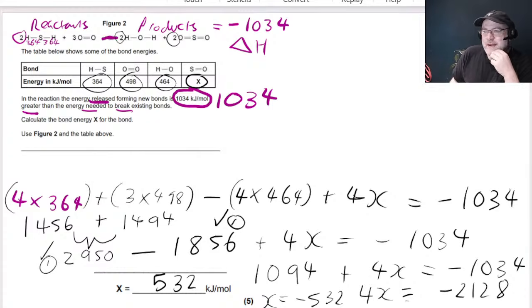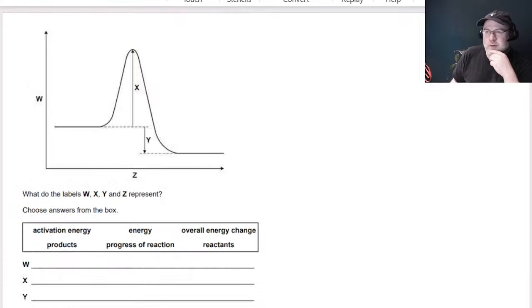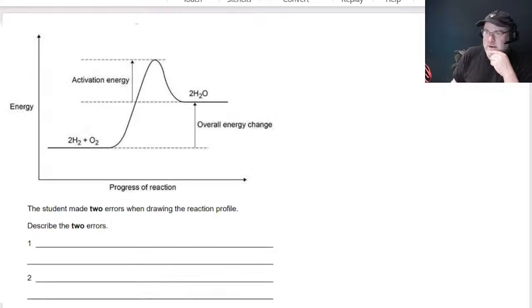Now, let's zing. Oh gosh, we don't want to do another one of those or another one of those. The student made 2 errors when drawing the reaction profile. Describe the 2 errors. Well, the progress of the reaction is fine. The energy is fine. Can anyone spot an error here?